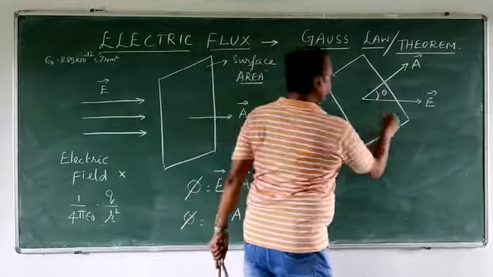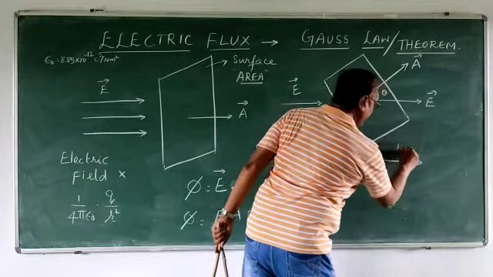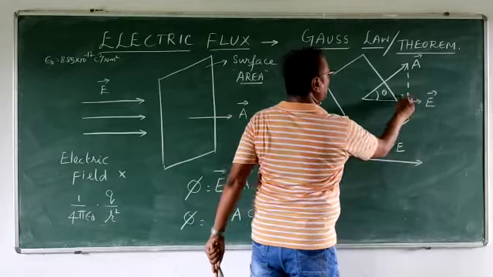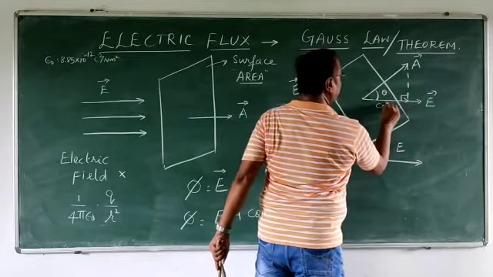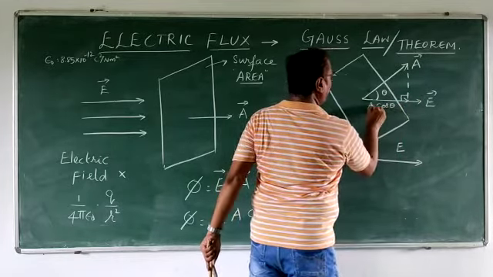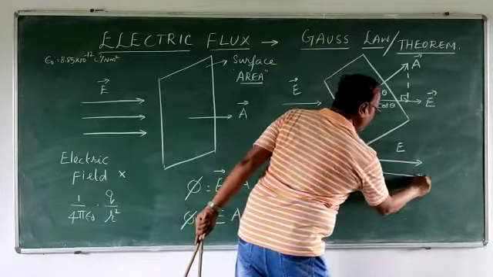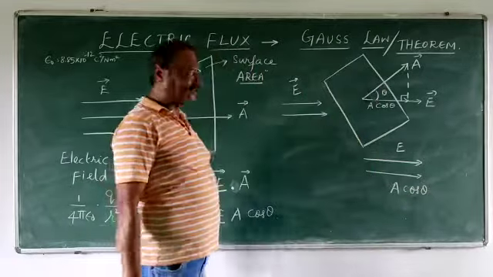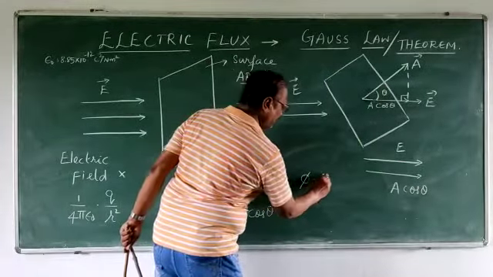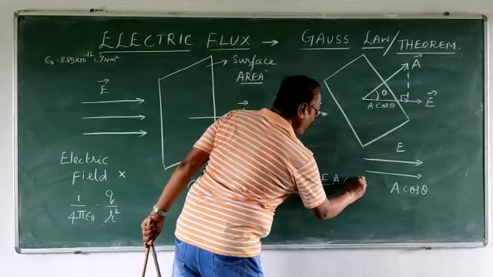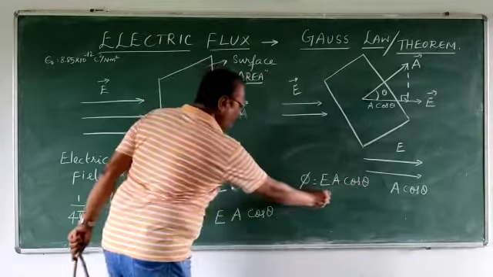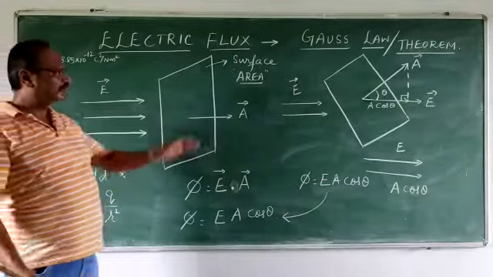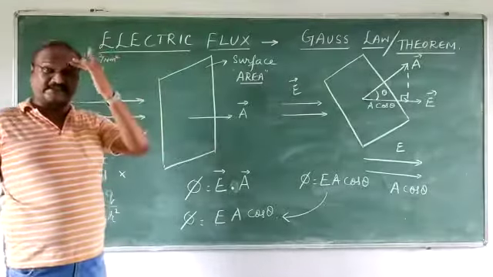So, if I say electric field is like this, that is E, and the component of the area vector, this being normal, this is adjacent side, so it is cos theta. So A cos theta is the component. So this is going to be A cos theta. So what is the electric flux now? Electric flux phi is equal to E A cos theta. That is how you derive this equation like this. I hope you understand the concept of electric flux.